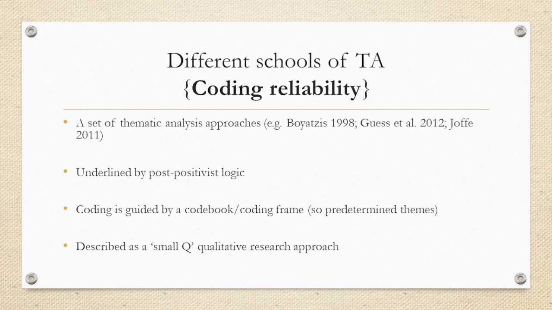So this is, again, another thing to keep in mind when you're looking at differences between thematic analysis techniques. As a result, the authors conceptualize this approach as partially qualitative.